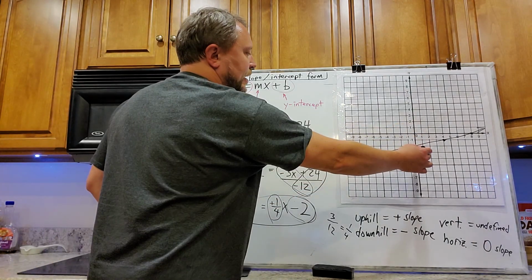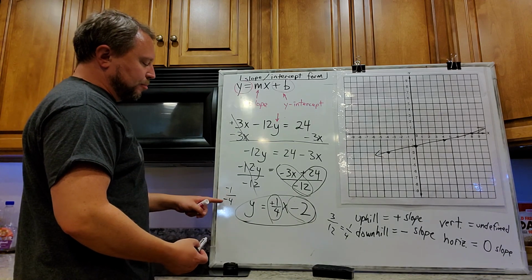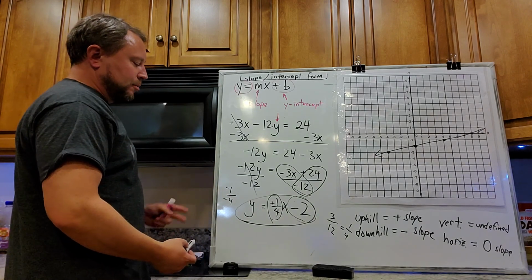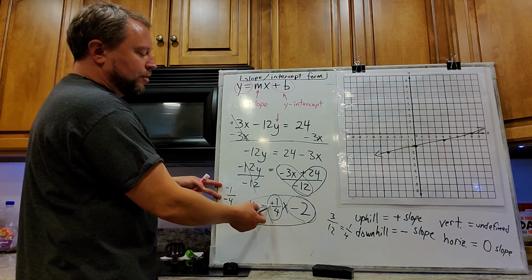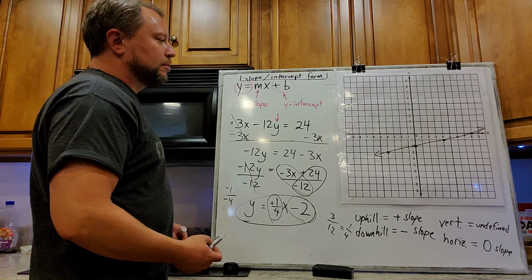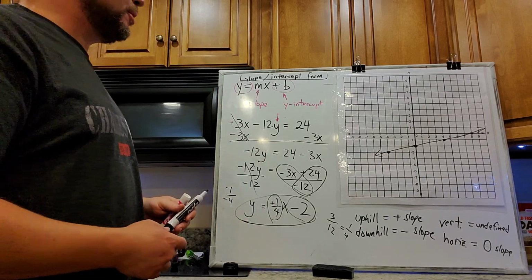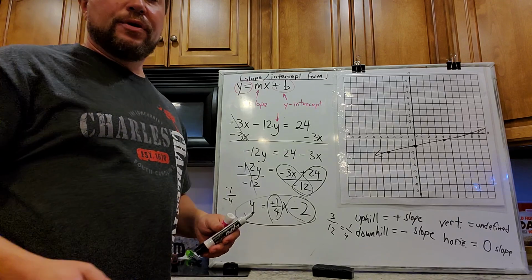When I'm going down and back, it'd be down 1, back 4. But a negative over a negative is equal to a positive. So these are the same slope. Okay? So that's slope-intercept form. Again, rehashed for you. A little bit of review for you there.